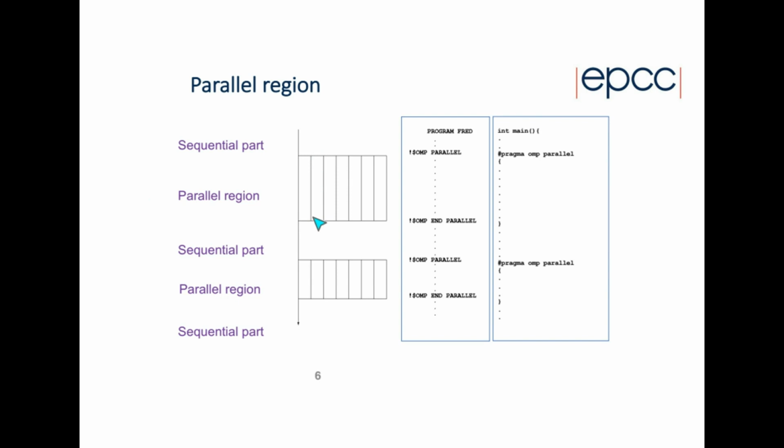It's of the order of a few microseconds or tens of microseconds, depending on how many threads we have and the hardware involved. Okay, but it's kind of that level. So if the amount of code in a parallel region takes less than a microsecond, for example, then we won't be onto a winner here for performance reasons. Okay, the overheads of starting and stopping the parallel regions will tend to dominate.